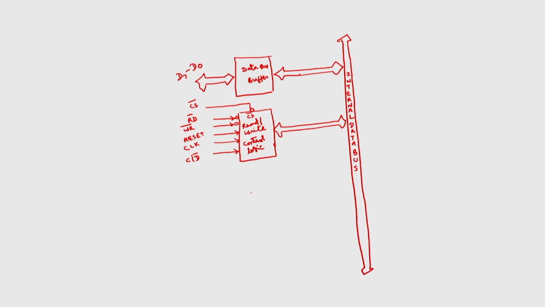And then the other block that I have discussed is modem control. For modem control we have 4 active low signals.